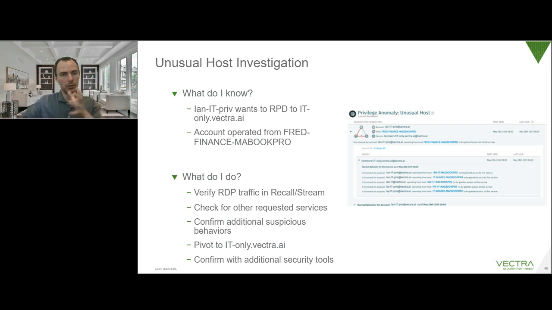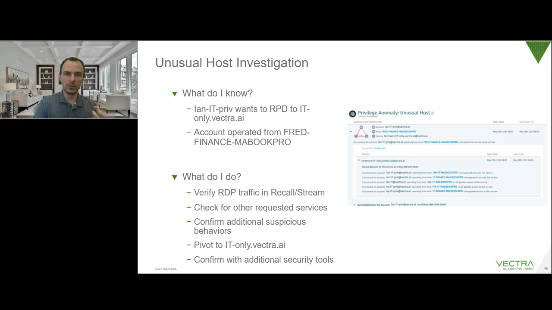And when we start looking at that, what we want to pivot to is, well, what other services are being requested? We have access to the Kerberos metadata stream and searching specifically for the priv account from Ian, specifically from the Fred Finance machine. We can see what else is being requested.